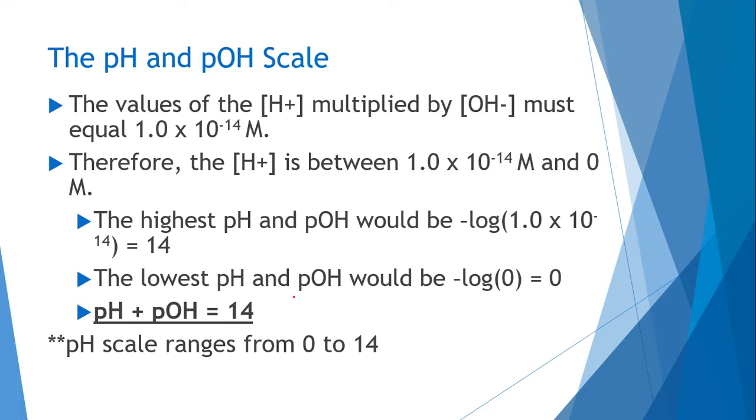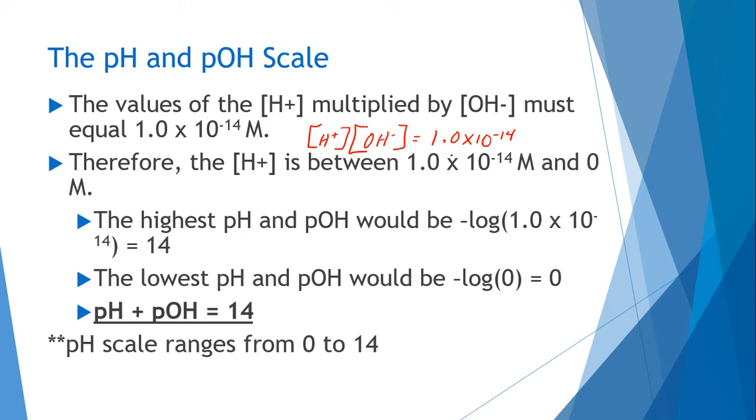So how are the pH and the pOH scale related to one another? We learned in the last lesson that the H plus concentration multiplied by your hydroxide concentration always equals 1.0 times 10 to the negative 14th. This was our equation in the last lesson's homework.